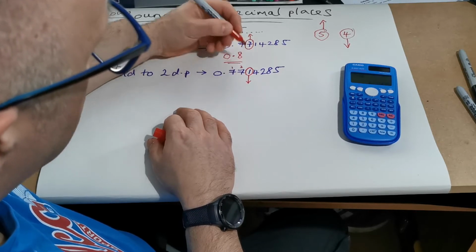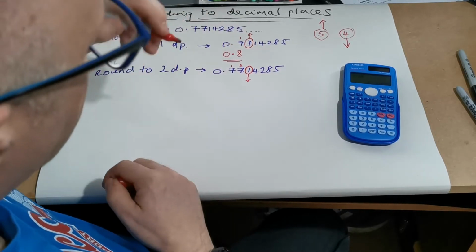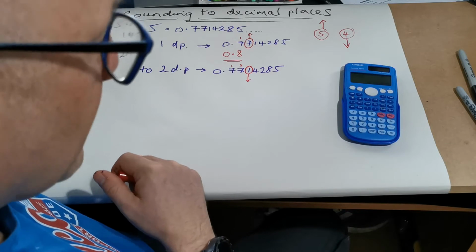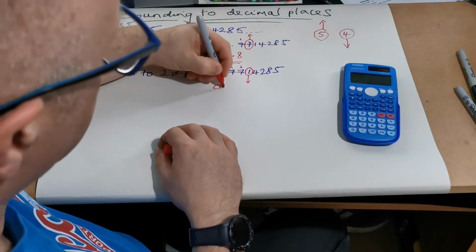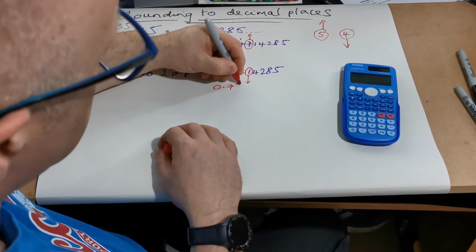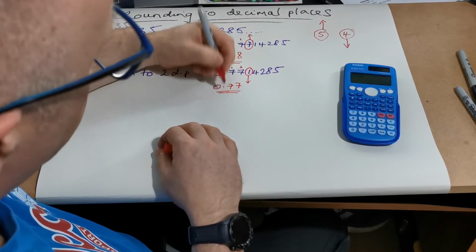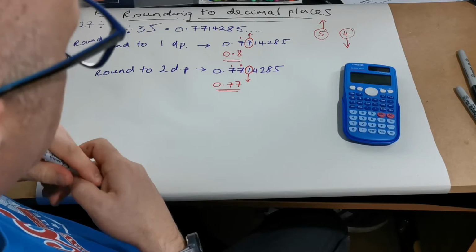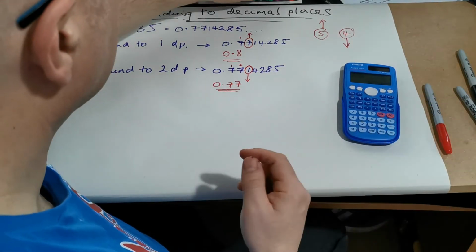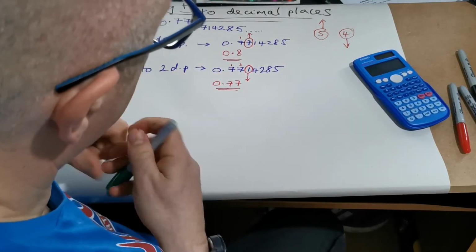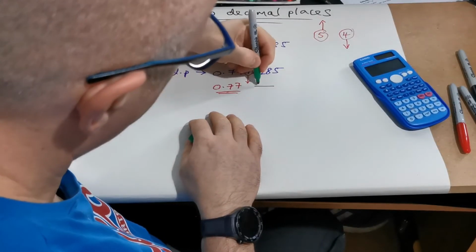Well, that's telling me to round down, so I'm not going to go up to the 8, but actually I don't go down either. I remain at 0.77 because this is closer to 0.77 than it is to 0.78. So that's my answer.